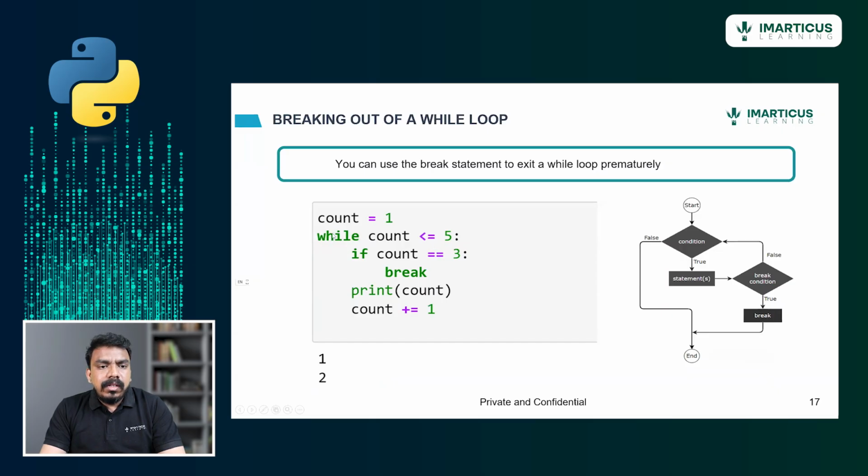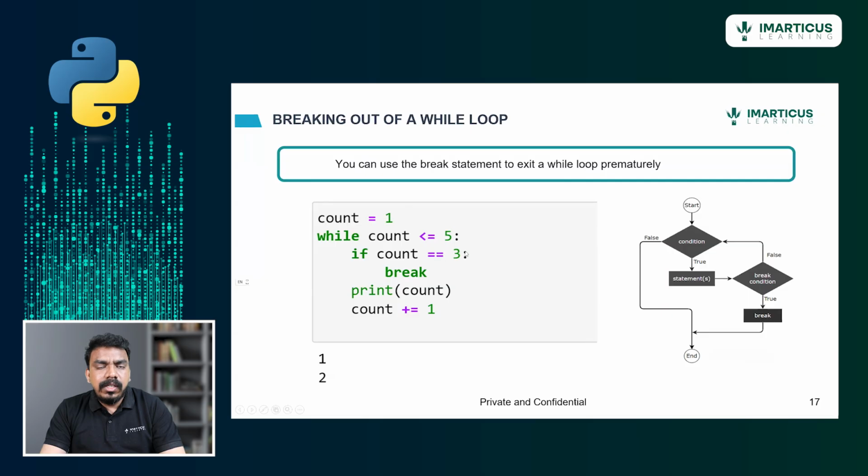So here is an example where you have given the counter as 1. While the count is less than or equal to 5, you want to keep on executing the loop. For example, at the beginning, count 1 is less than or equal to 5, right? So it will go to the if condition.